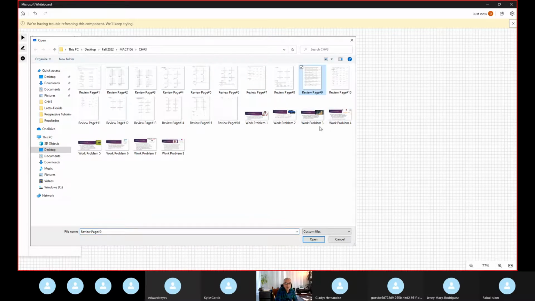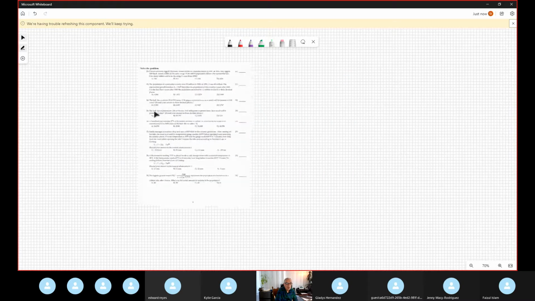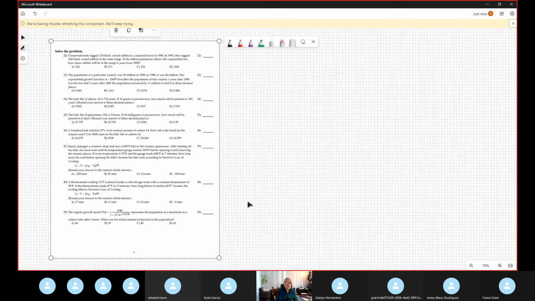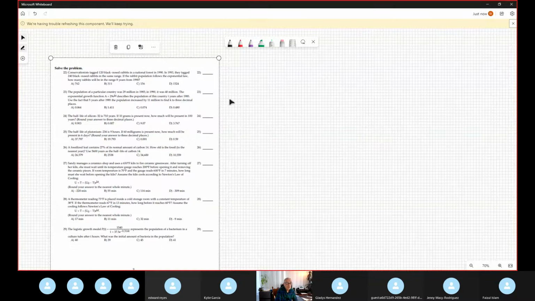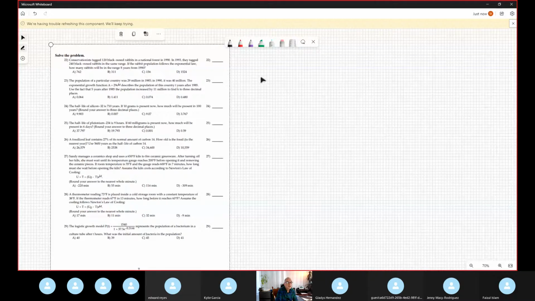Wow, this is too many problems. But you can see that this is super easy. Let's practice. The 22nd word problem is about a conservationist targeting 120 black nose rabbits.